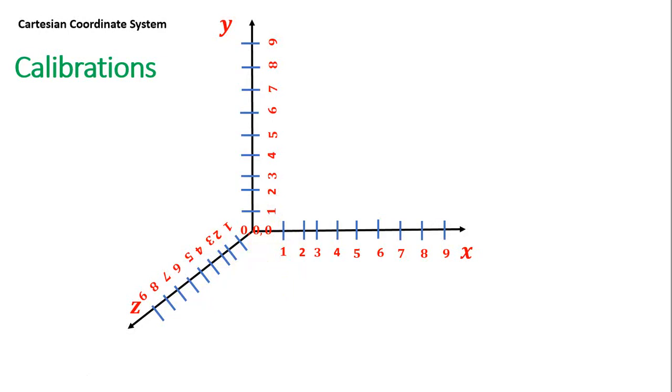But at this point, the question arises whether this Cartesian coordinate system is unique, or we can have other similar coordinate systems as well. The answer is that it is not unique, and we can actually have an infinite number of coordinate systems.